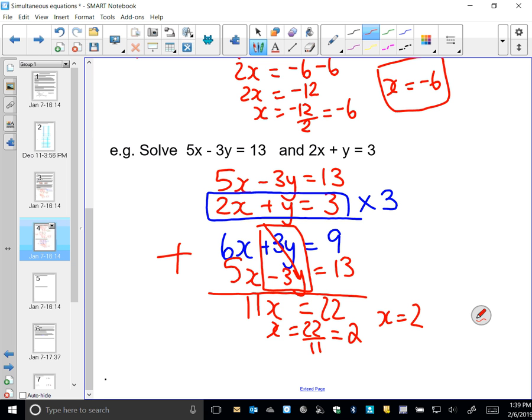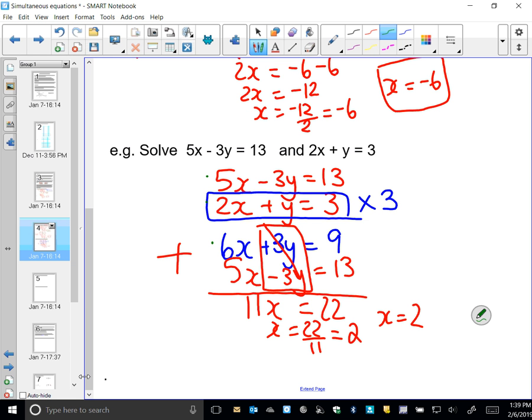Alright, so we found our value for x. We pat ourselves on the back and say, right, check you later, or we now have to finish our question. Now, at this point, you've got 3 options. You had the original 2, but now you've got the blue one as well.